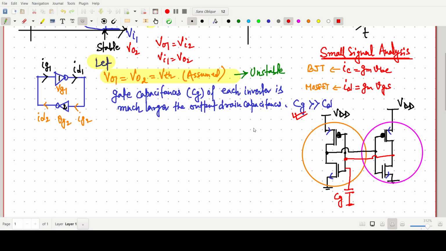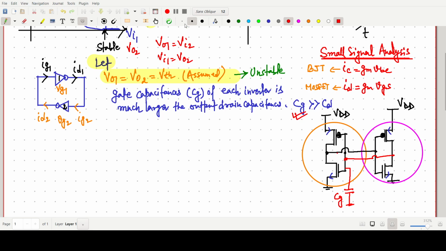Now for the small signal analysis, we are assuming the gate current Ig1 and drain current Id1. Ig1 means the current across the gate terminal, and we are taking the output as the output current from the drain terminal Id.